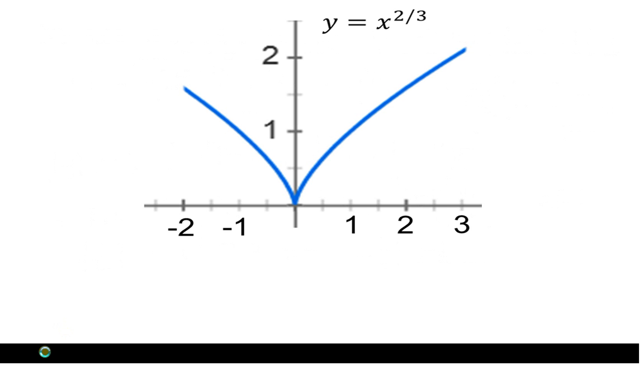And if you look on the next slide, we see the graph of the function.